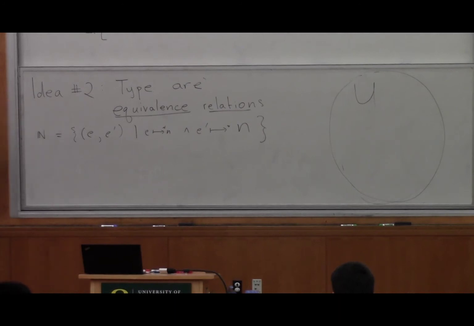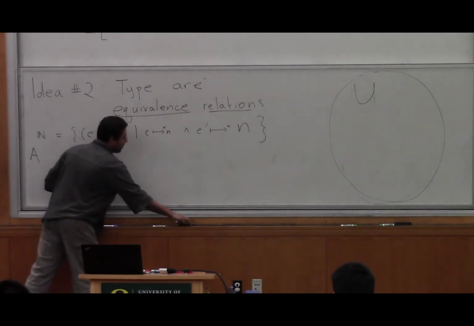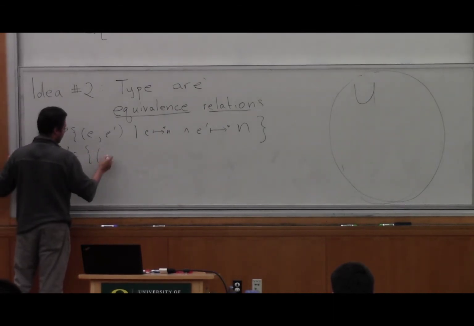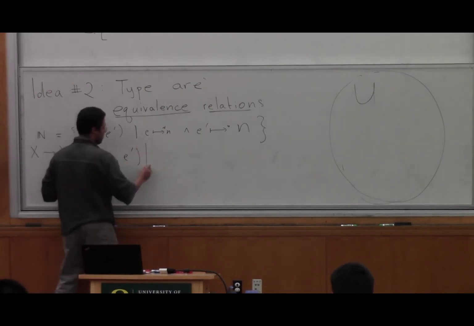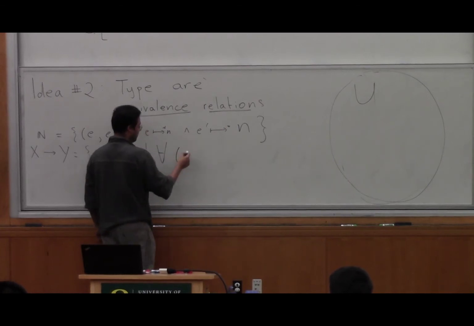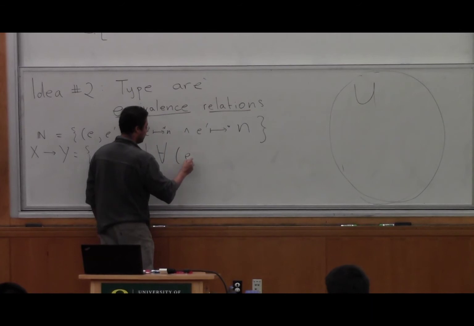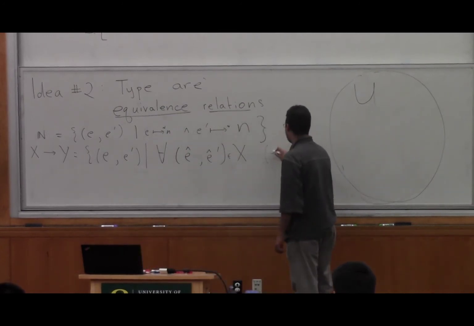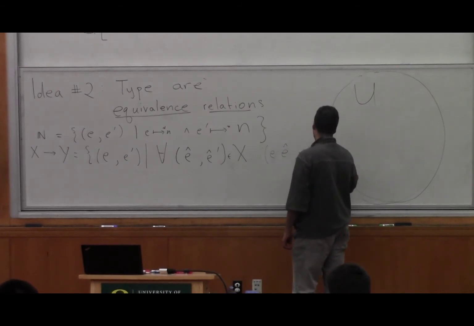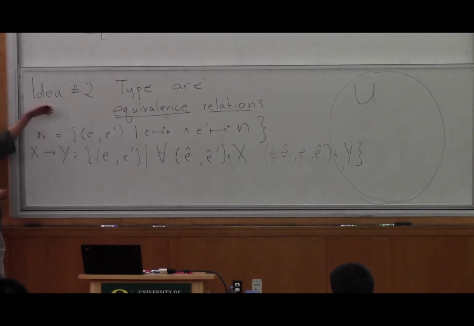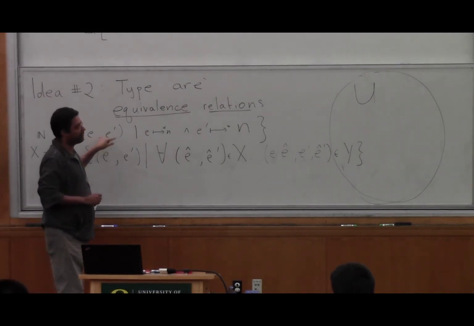And we can play the same game for functions. A function, let me use x and y, is going to be any pair of expressions where, if you give me well-typed arguments, which I'll call E hat, the application is well-typed. So we're going to define the natural numbers to be those pairs of expressions that evaluate to the same number.